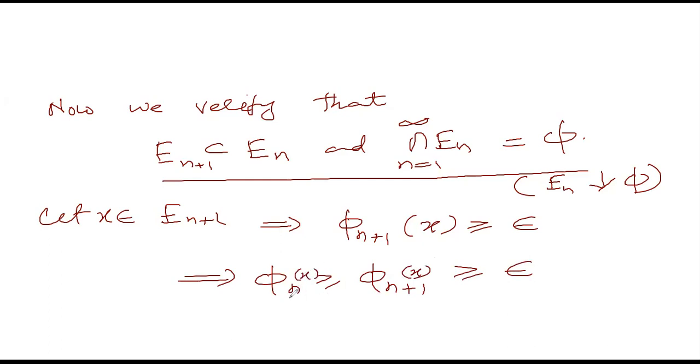This is true for each x, but for this particular x, phi (n+1) is greater or equal to epsilon. So phi n of x is greater or equal to epsilon, which again means by definition of E_n that x belongs to E_n. Thus E_(n+1) is a subset of E_n.